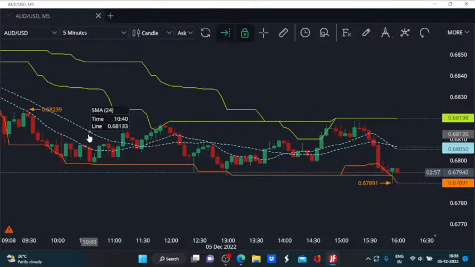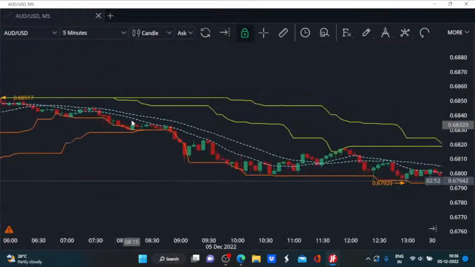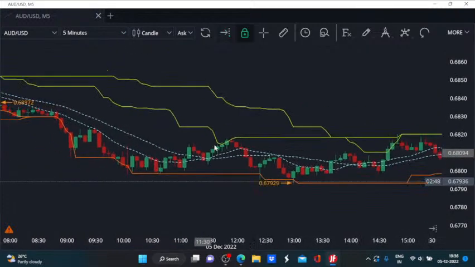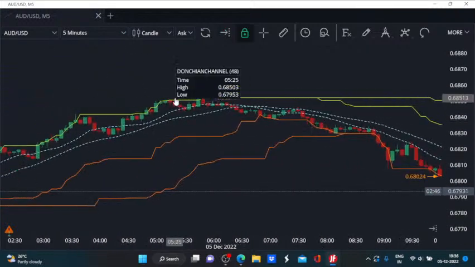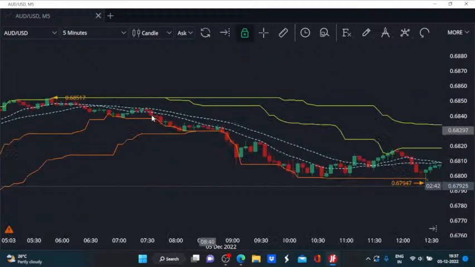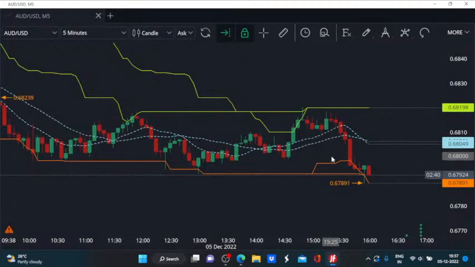If we consider the price pattern of the AUD USD, it is not looking as strong as was the case with the Euro USD. Earlier in the day, it made this swing high at 0.6851, but afterwards it has gone in decline and now it is inching back on the lower side, and it has also made a fresh swing low.